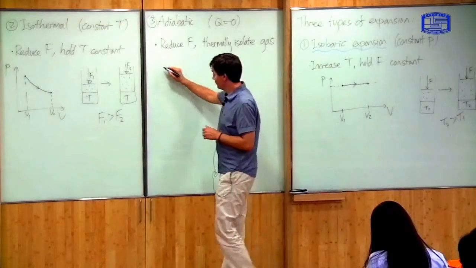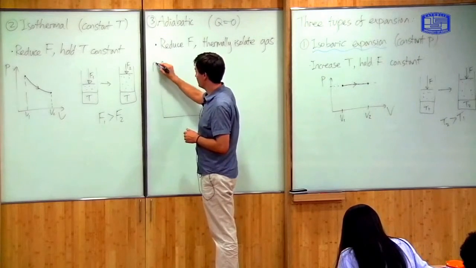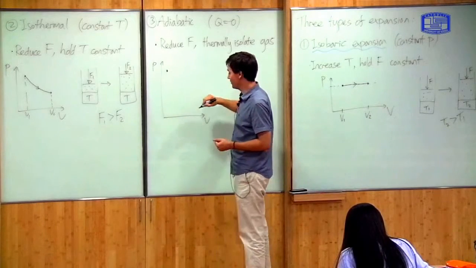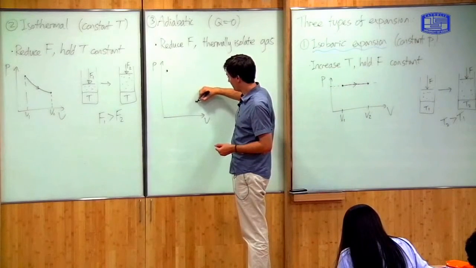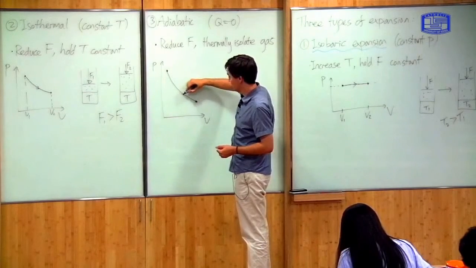Okay? Now, in terms of a pressure volume diagram, it looks very similar to the isothermal case. I'll explain what the difference is in a moment. You start off here, and you end up somewhere down here, and again it's a curve which goes something like this.